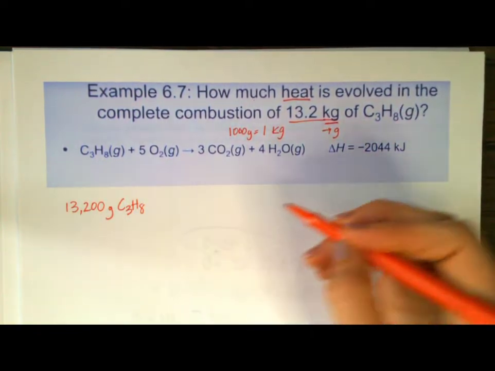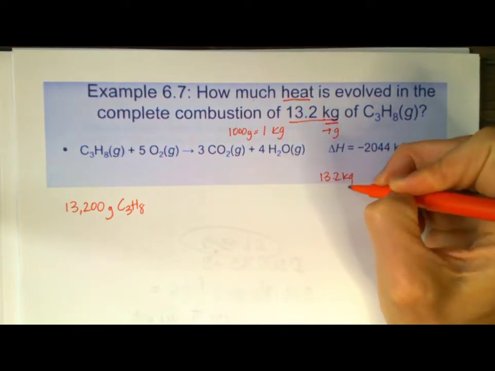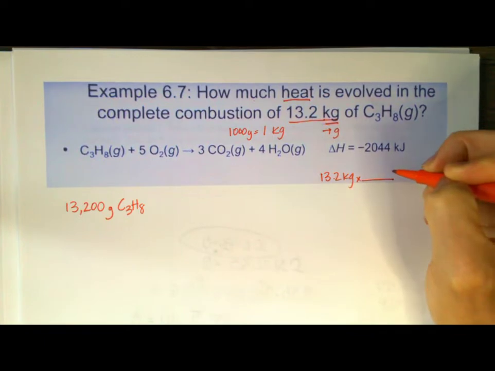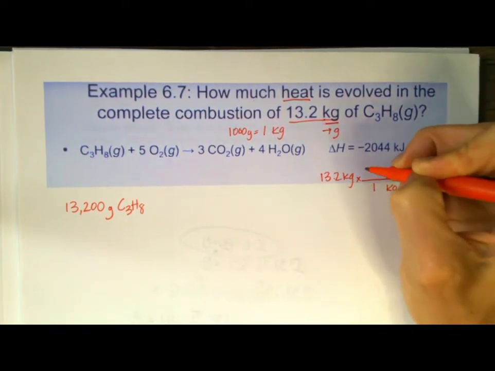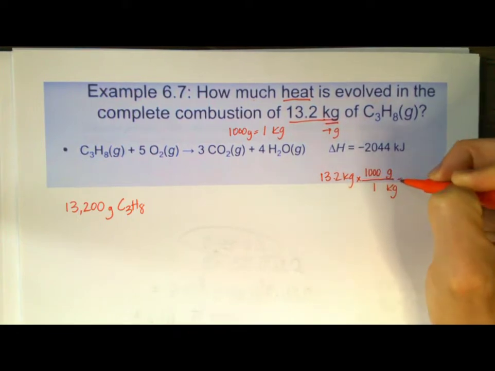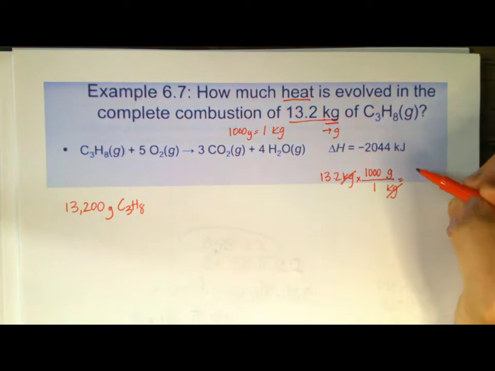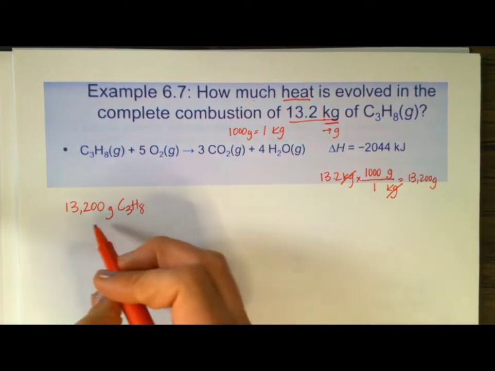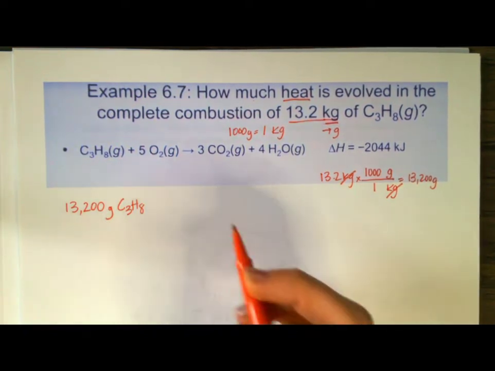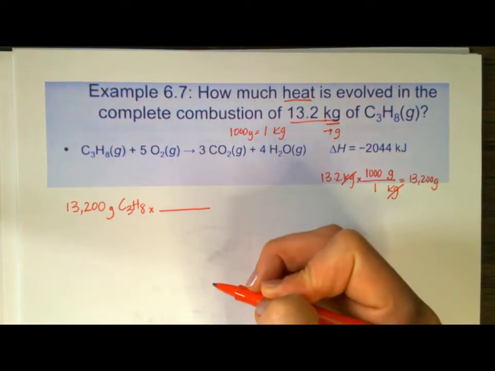So you see what I did with that. I have 13.2 kilograms, and what do I want? Grams. What have I got? Kilograms. 1 kilogram is 1,000 grams, so my units will cancel. 13.2 times 1,000 gave me 13,200 grams. This is my starting point, because we know that in chemistry, grams can get me to moles.